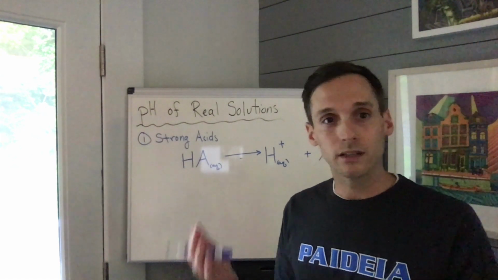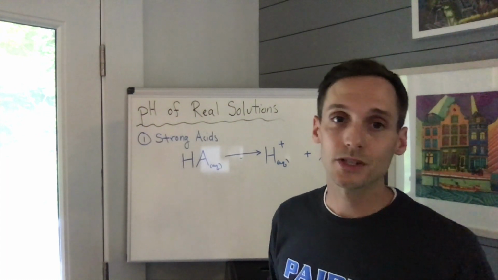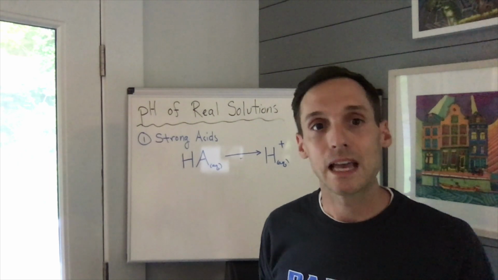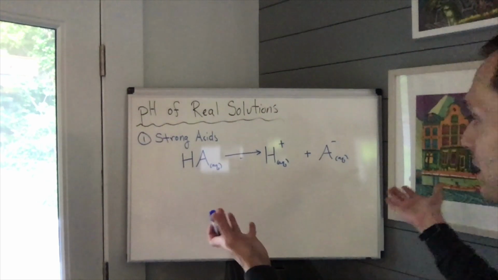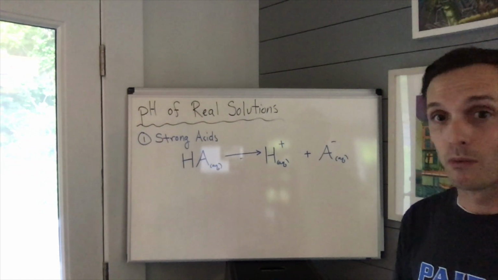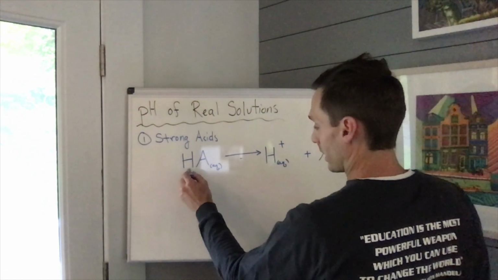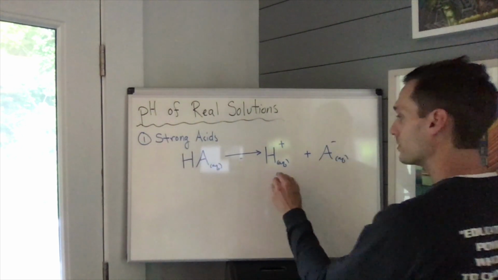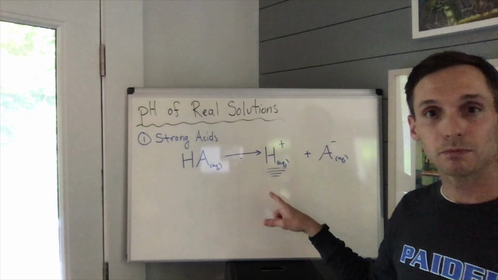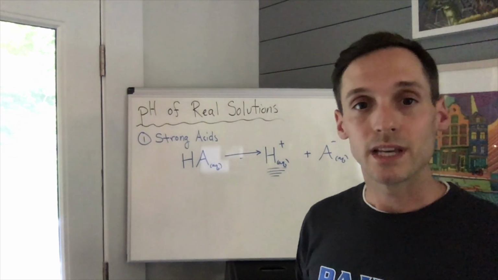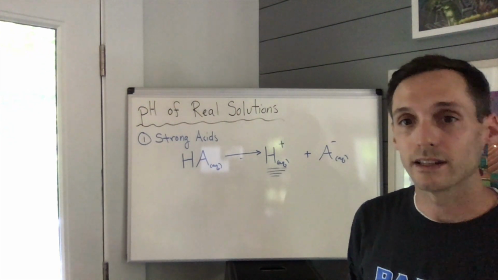So our goal in calculating the pH of real solutions is just to get one of those from the pH square, because if you get one, then you can ultimately end up at the pH no matter where you start. Maybe you can see here how we might arrive at one of those quantities, because if we have our acid here completely dissociate into H+ ions and A- ions, well, there's our H+. That puts us on that pH square. So if we can figure out the molarity of just the H+, we can very easily then get the pH.